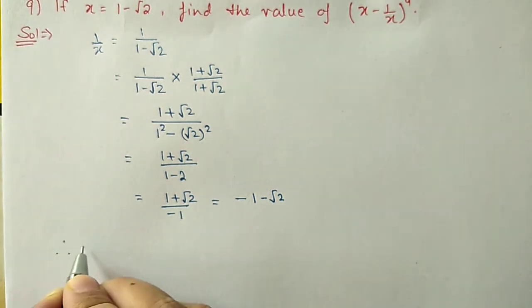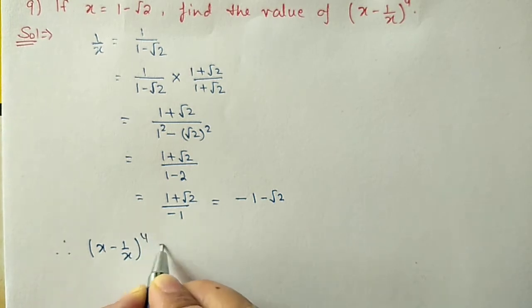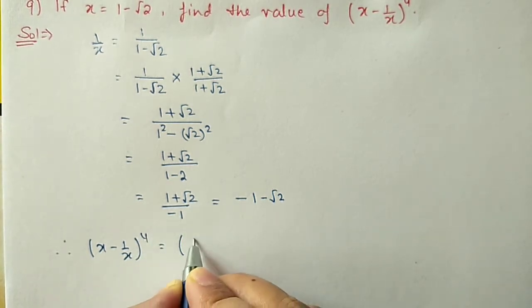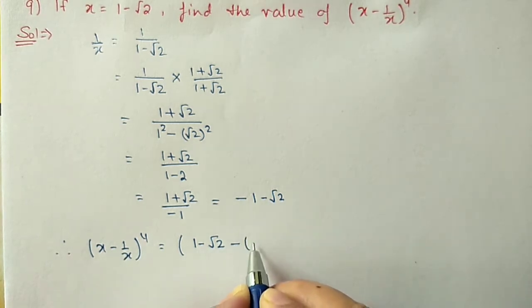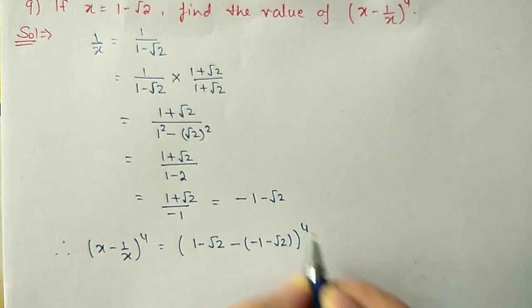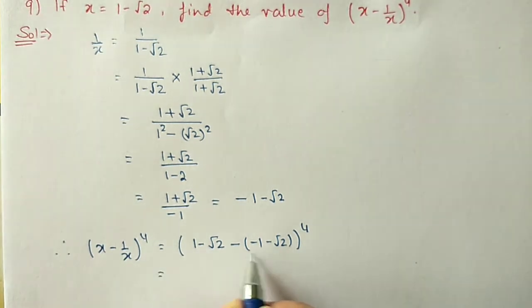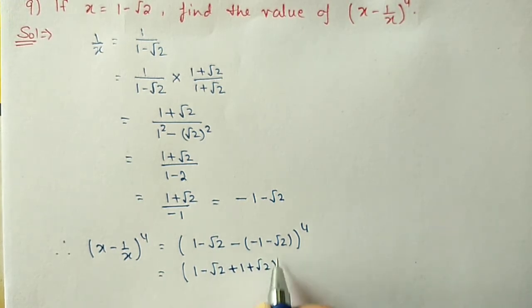The question is x minus 1 by x to the power 4. So x is 1 minus root 2, then minus 1 by x is minus 1 minus root 2, whole to the power 4. Now remove this bracket, we get 1 plus root 2 whole to the power 4.